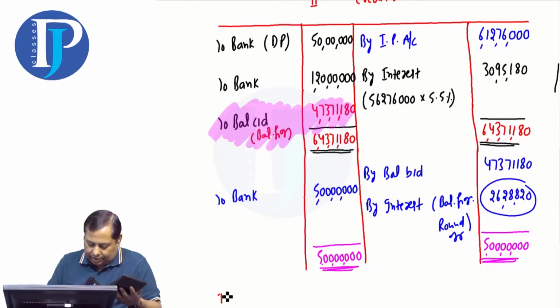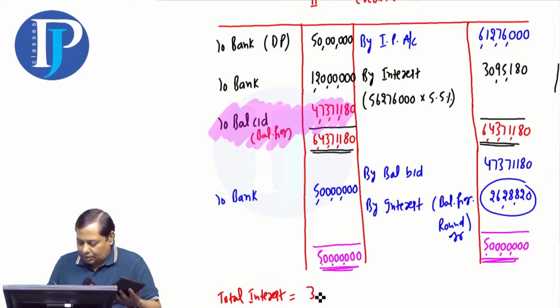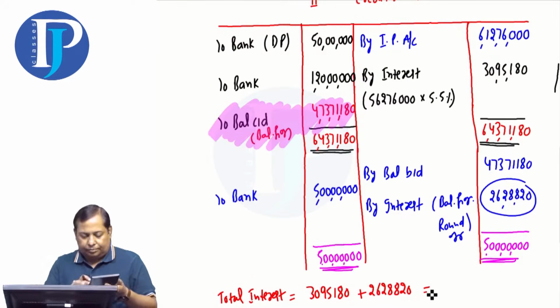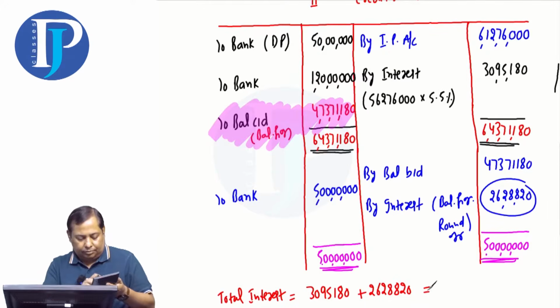Tell me the total interest. How much is it? 3095180 plus 26 lakh 28,820 is 57 lakh 24,000 rupees.